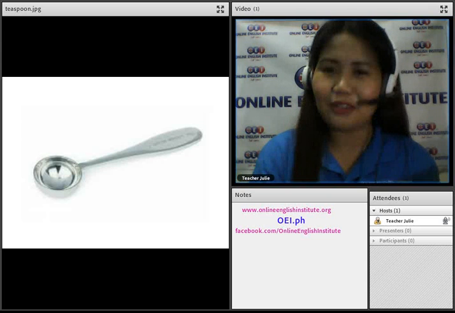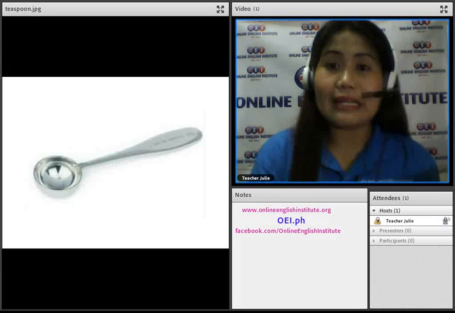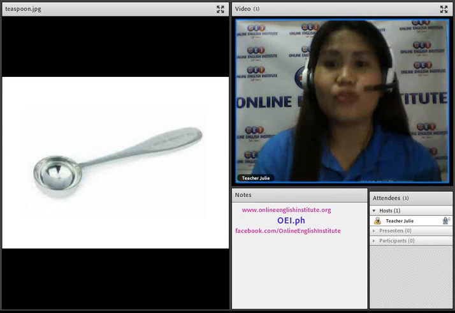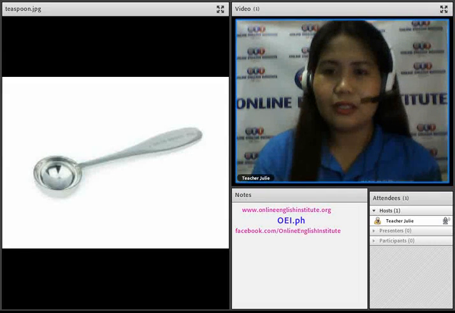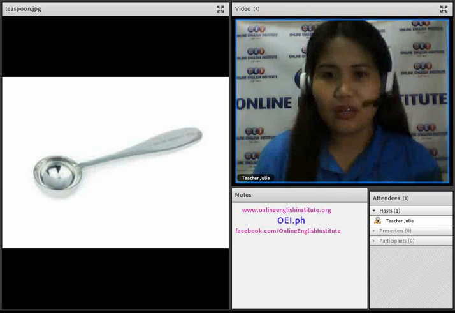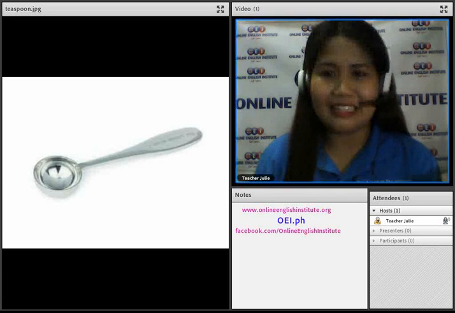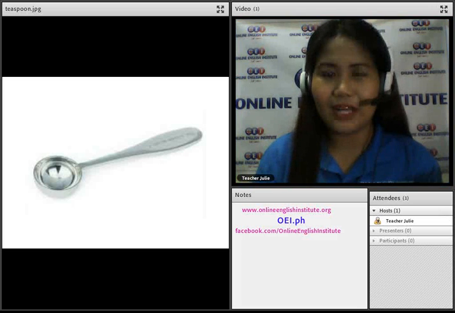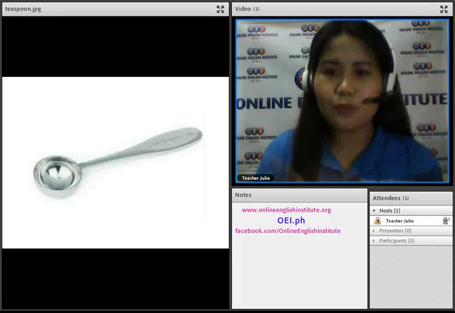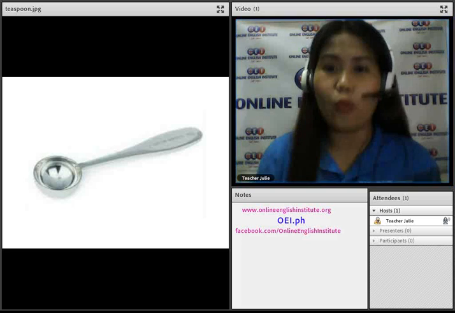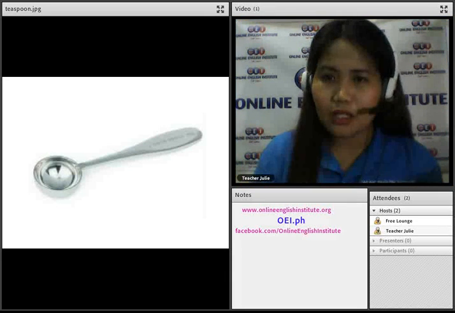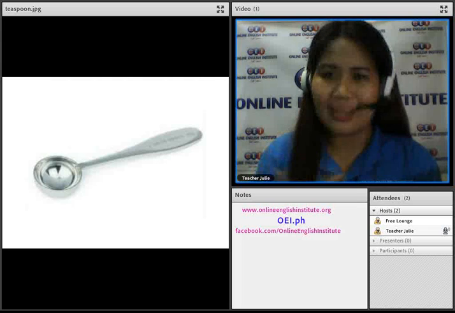There you go. So when we say teaspoon, it's actually a way to measure some ingredients, especially when you are cooking or baking.